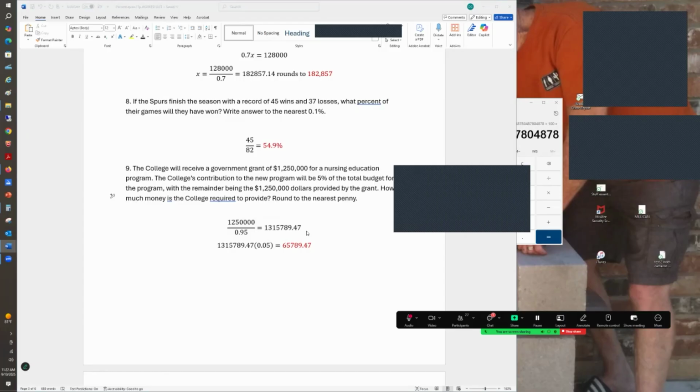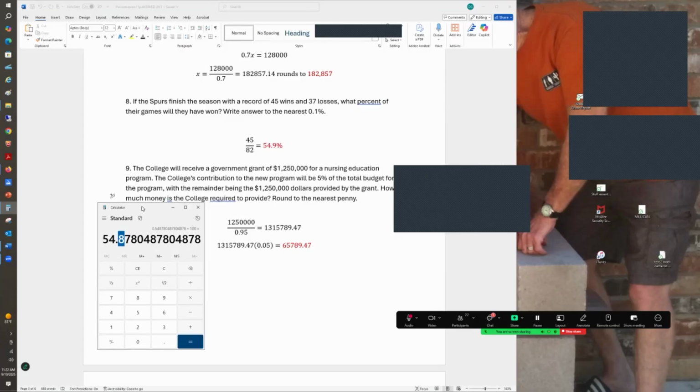That's not the answer. Why? Because the question is, how much money is the college required to contribute? And the answer is 5% of the total budget. We've got the total budget, so multiply it by 0.05. On your calculator it can look kind of cool, like this: 1,250,000 divided by 0.95, which is 95% as a decimal, and that's equal to that.